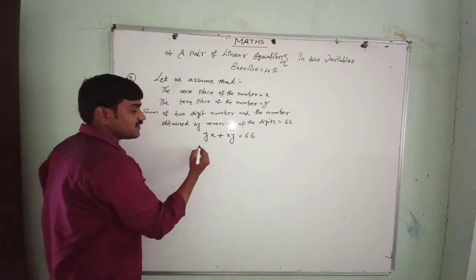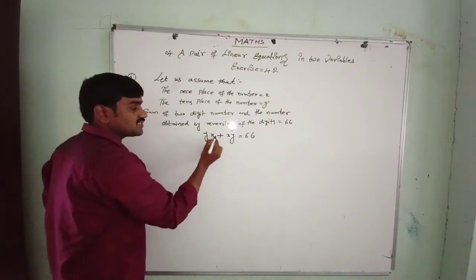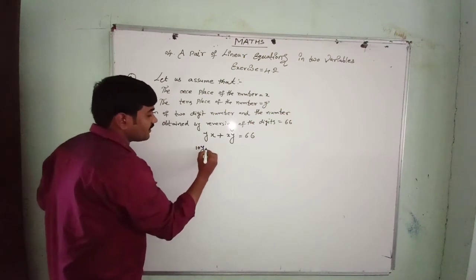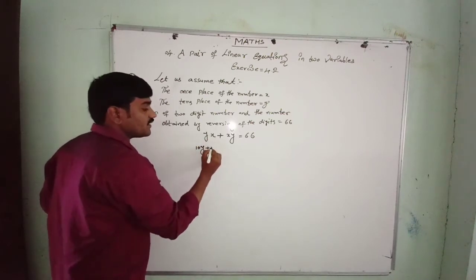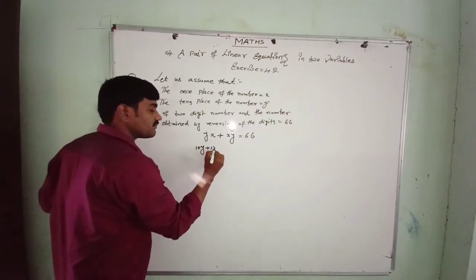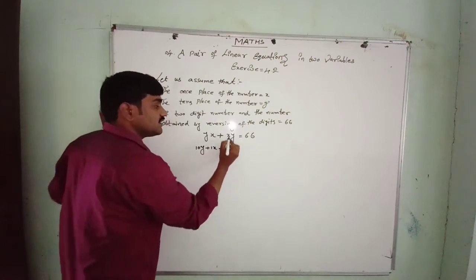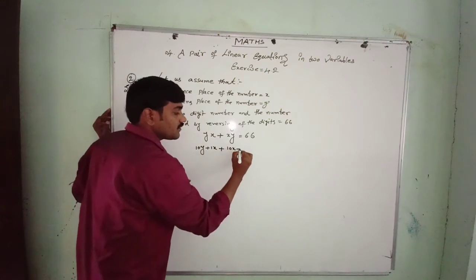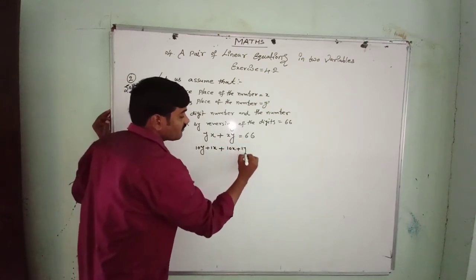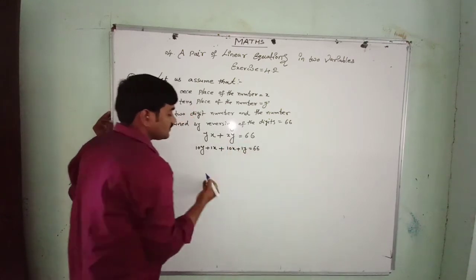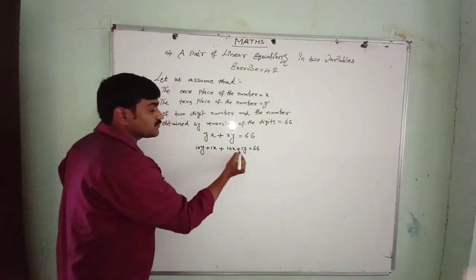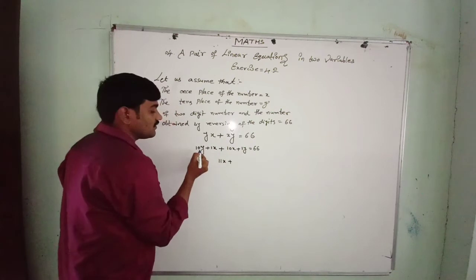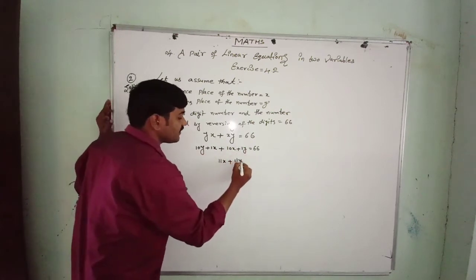So let us write the expanded form now. y is in the tens place, so 10y plus 1x, plus x in the tens place, so 10x plus y in the ones place, so 1y, equals 66. Here 1x plus 10x is 11x, and 10y plus 1y is 11y, equal to 66.